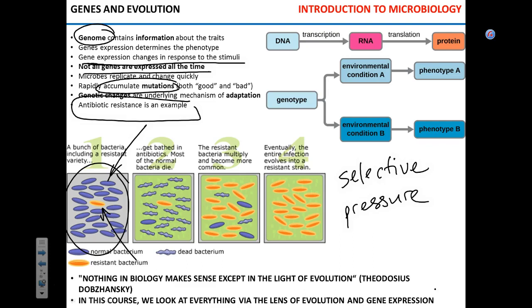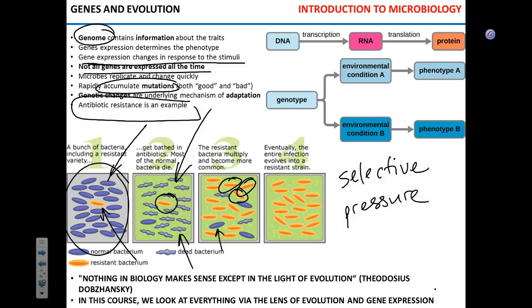However, if you add antibiotic to the environment, cells that are not resistant are going to die. And cells that are resistant are going to survive, and they're going to multiply at much higher rates than non-resistant cells.